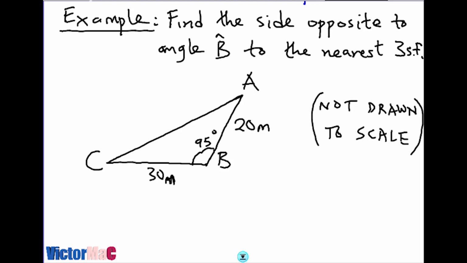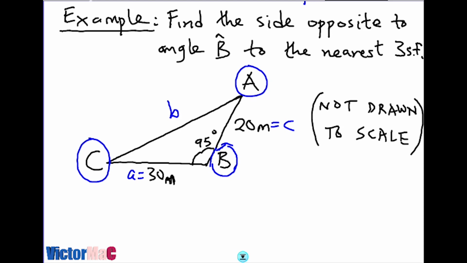Now looking at angle B here, based on our typical way of labeling triangles to apply the cosine rule, angle B must be facing small b, so I'm labeling that side as small b. Angle C must be facing small c, and angle A small a, for easy application of this cosine rule.